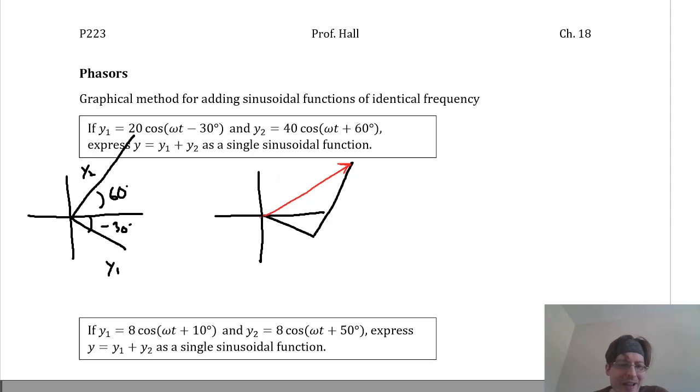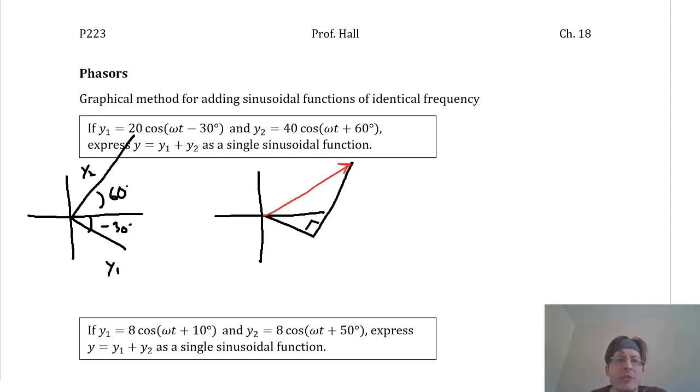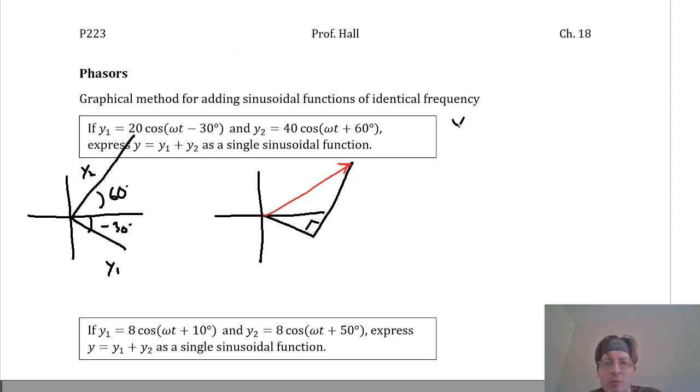So now you see the connection that we had hints of that connects it to a right triangle. I have a right triangle here. Here's the right angle. What I care about finding is the phase. So the goal of this is I'm trying to write y1 plus y2 as just a new sinusoidal function with some amplitude that I have to find.